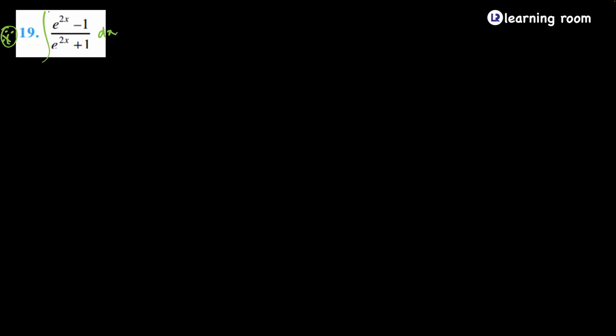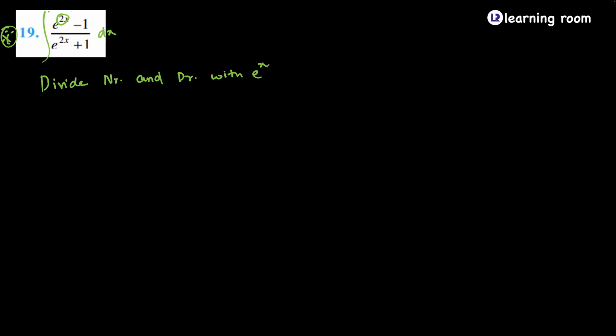For that, we need to do a small manipulation. That is, out of this 2x, you need to break it into two parts of e power x and spread it to each term. For that, what you're going to do is divide the numerator and denominator with e power x.